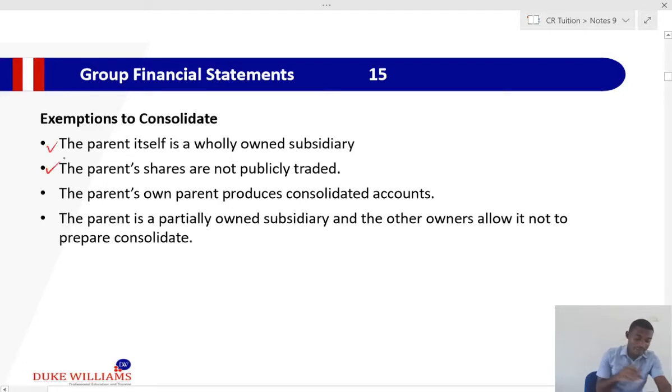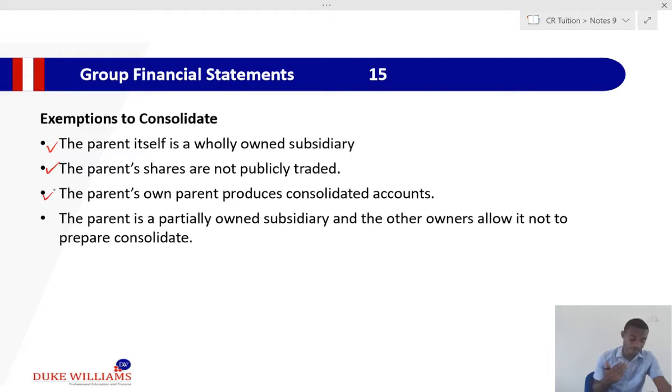Or if entity A is not a listed company, entity A can be exempted from consolidation. Or when the entity's own parent produces consolidated accounts. In this case, there is no need to have 100% ownership.